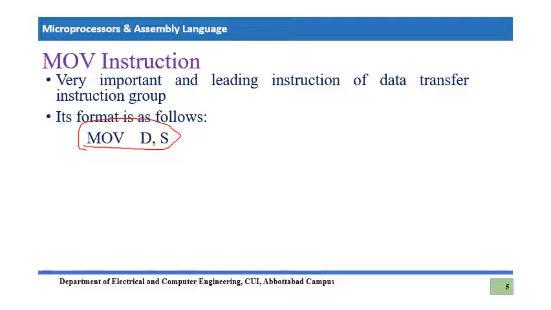What is it? First of all, you write MOV, which is what? Mnemonic. If you remember the last lecture, in which we covered the assembly language programming introduction, that is called the mnemonic. Then these are the operands. This is our opcode part, and this is our operand part. Let me use a different color so that you can remember.